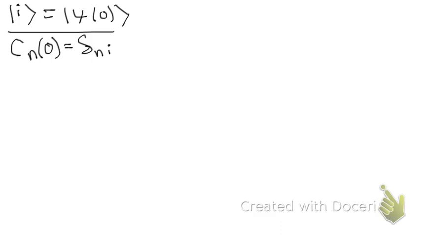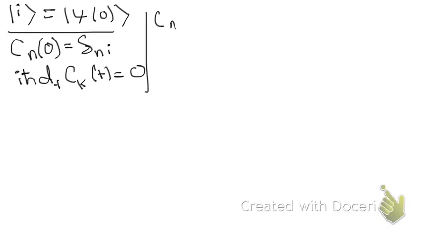Now let's recall again that differential equation that I wrote previously for my unperturbed, or 0th order, states. It is equal to 0, and this implies that my Cn of 0 as a function of time is equal to my delta ni.